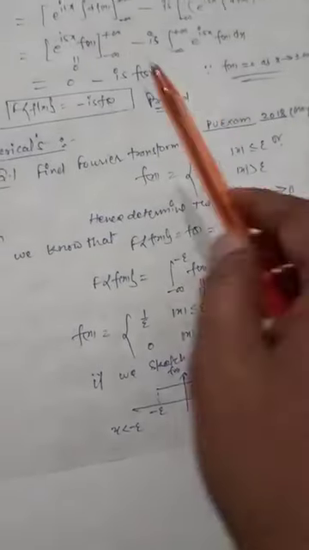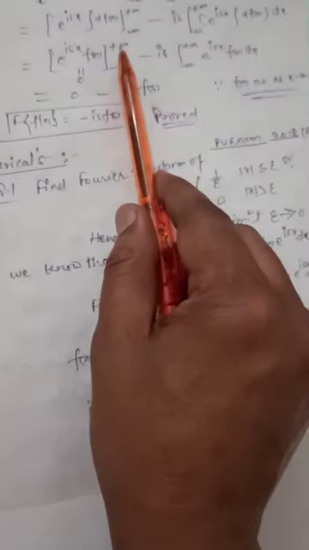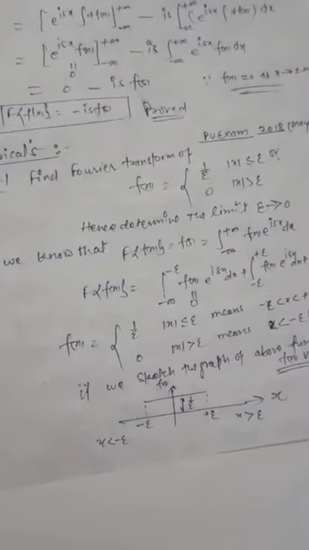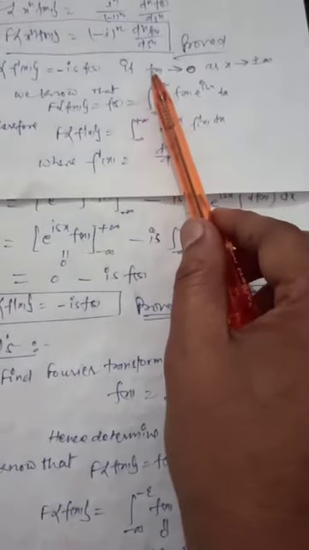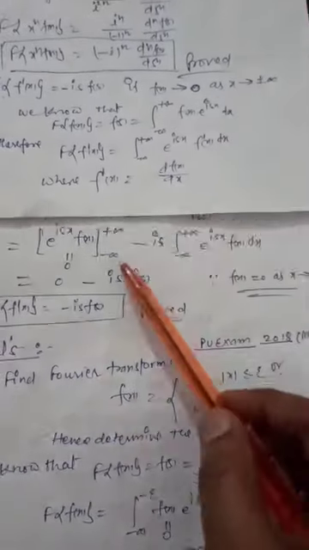So see here, if you put the limit, f of plus infinite or f of minus infinite, then you will get 0, because f of x tends to 0 as x tends to plus minus infinite. So same is here.